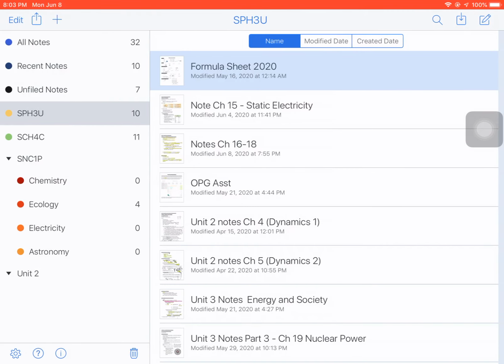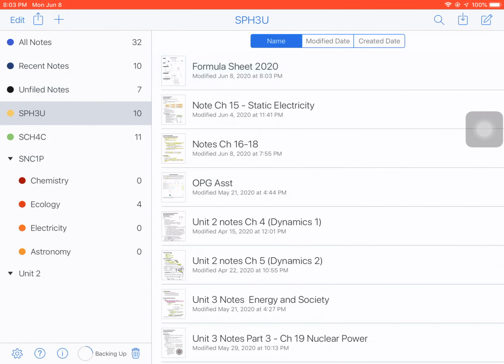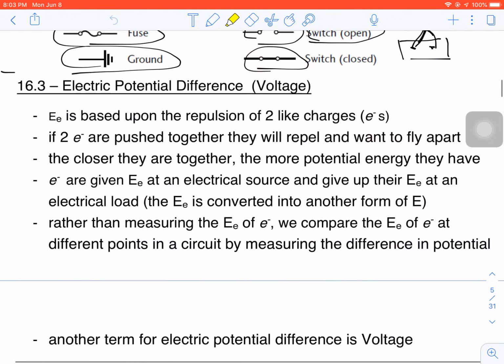All right, so let's go back to today's notes. We'll pick up where we left off yesterday with section 16.3 on electrical potential. Now, that word potential is potential energy. So we're talking about a form of energy here, which is the energy carried by electrons.